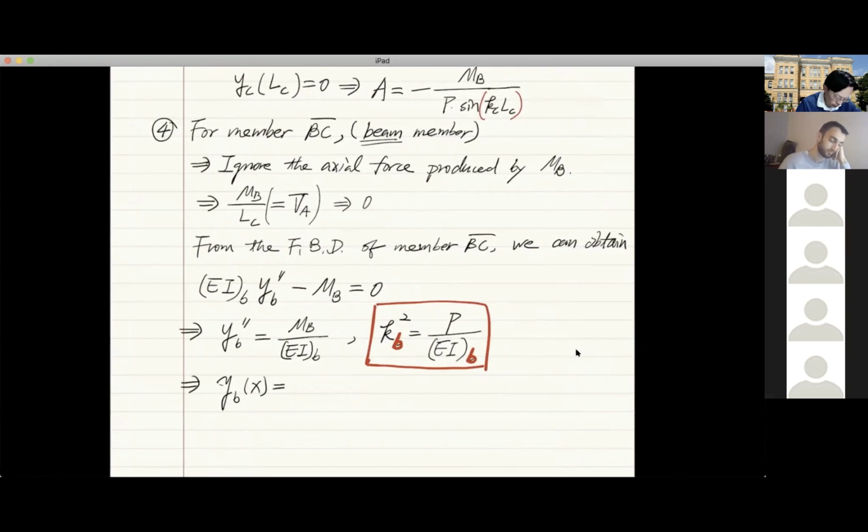The first order term is D plus capital C times X plus MB over P times 1/2 of the x squared.